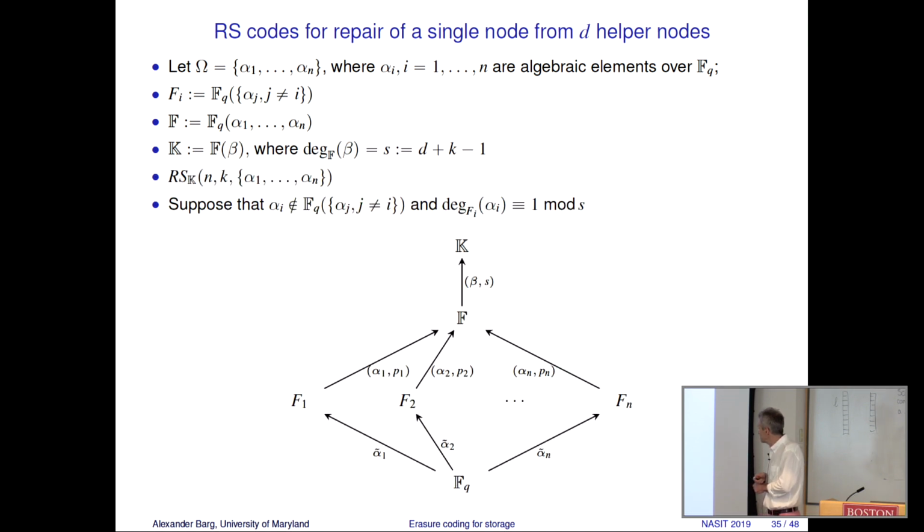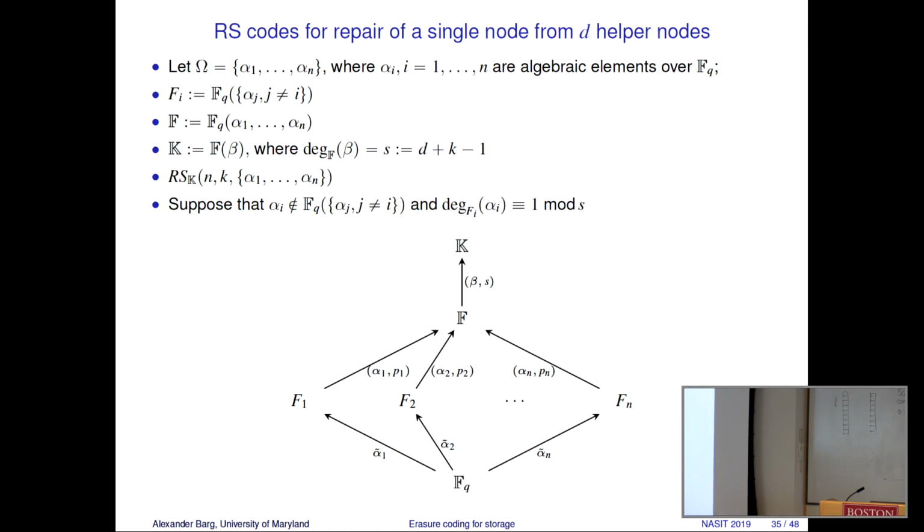So very briefly, we do this as follows. This is now from the work with Min and Tsachi. We evaluate our code at endpoints of the field where those endpoints have the following property.